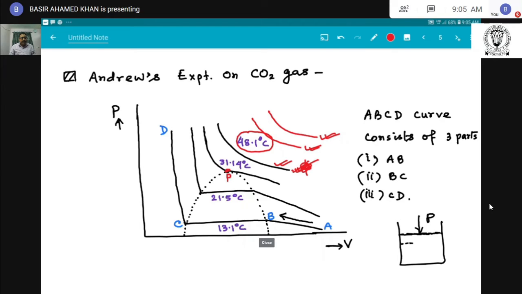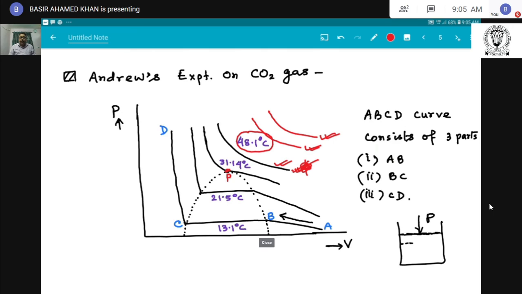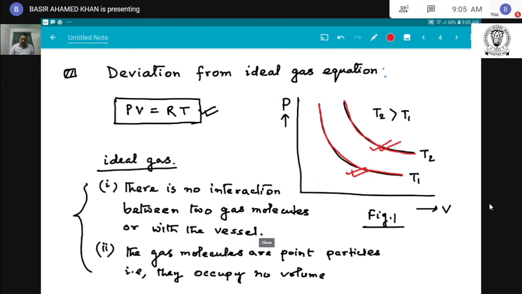At still higher temperature, the curves have almost the form of a rectangular hyperbola, the same as this isothermal and this isothermal. So higher temperature isothermals greater than 31.14 degrees centigrade are similar to the isothermals of this and this.